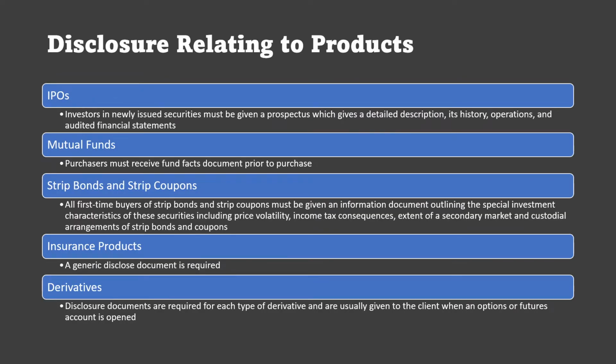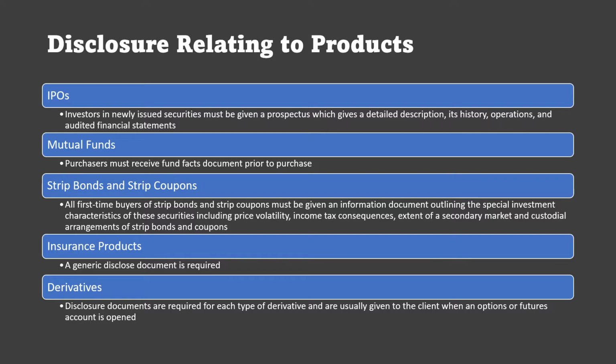There are some specific disclosures relating to different products. If you are looking at IPOs, the disclosure for that is a prospectus. So investors in newly issued securities must be given a prospectus, and this will give them a detailed description of the security. It'll give its history, operations, and audited financial statements.